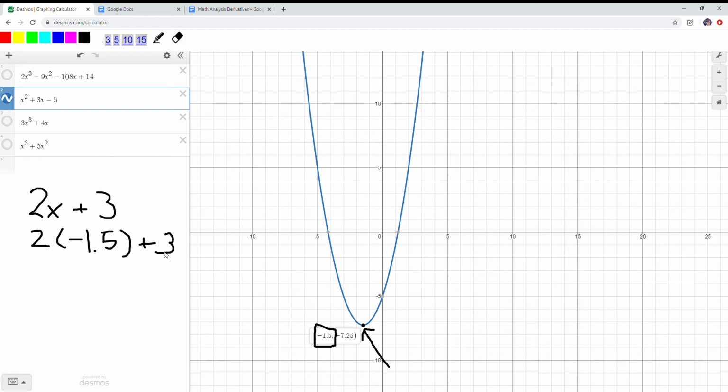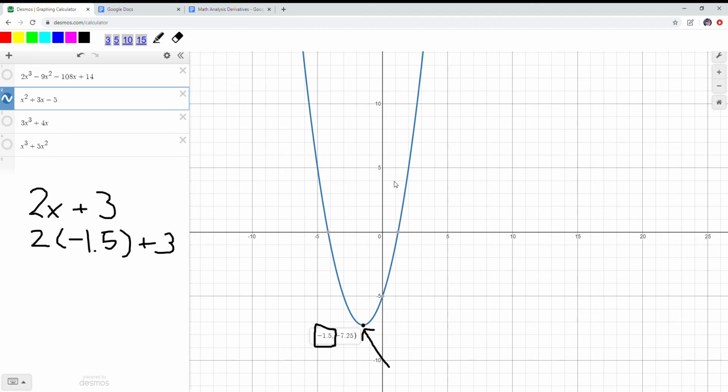That goes to show exactly what I was mentioning a bit ago, that this coordinate where it changes direction, at the very base of the parabola or the top of the parabola or whatever the function looks like, is a point that is not changing, that is not moving, for lack of a better term.